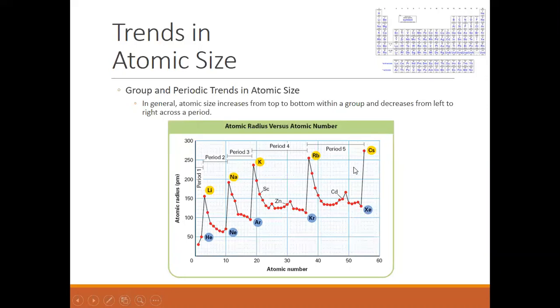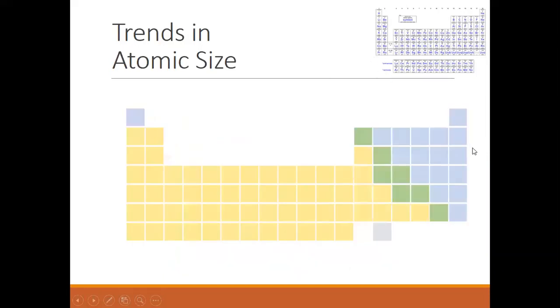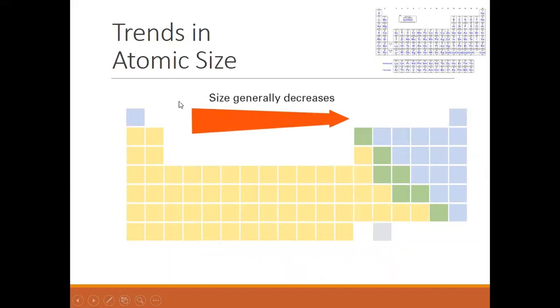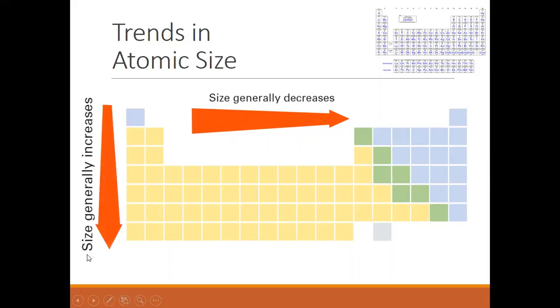And so what that tells us is atomic size increases from top to bottom and decreases from left to right. So another way to look at that is this. The size generally decreases to the right, and the size generally increases as you move down.